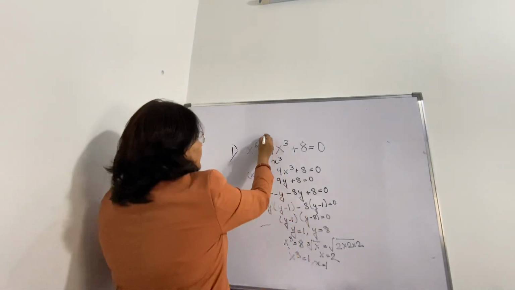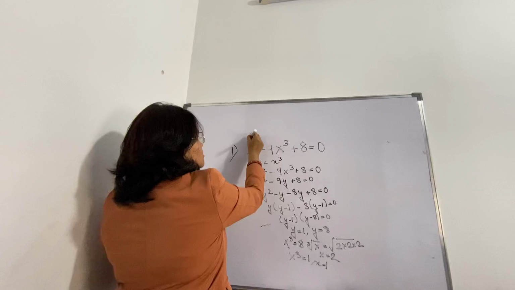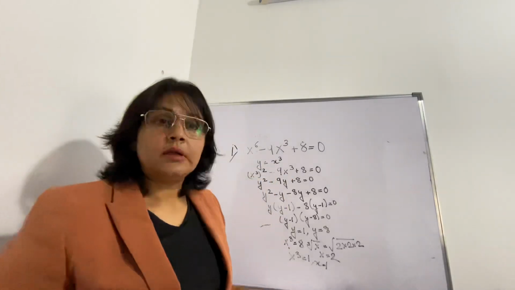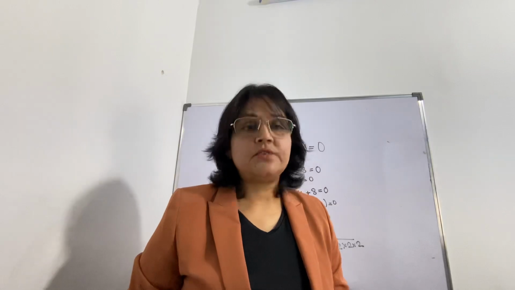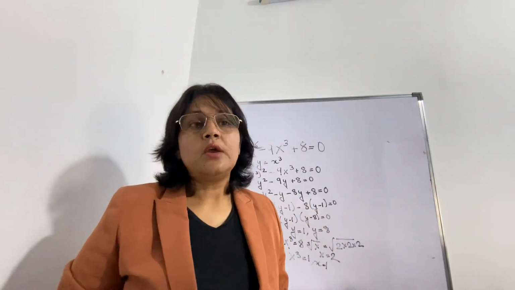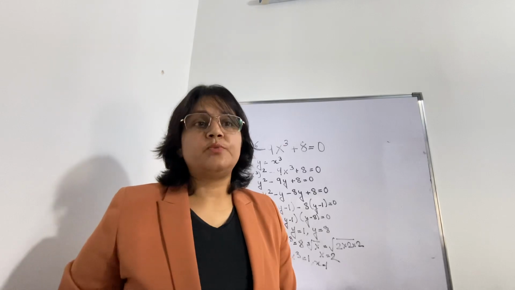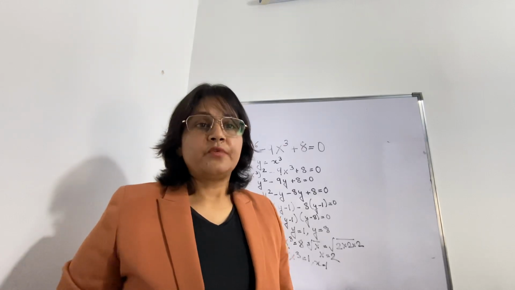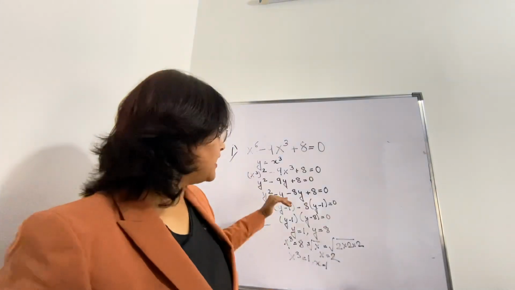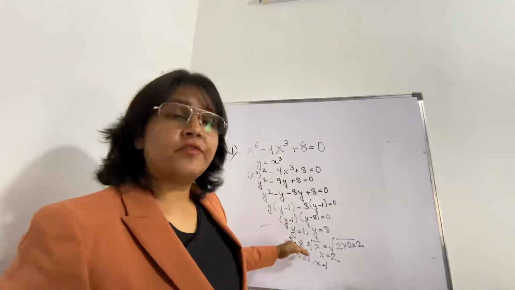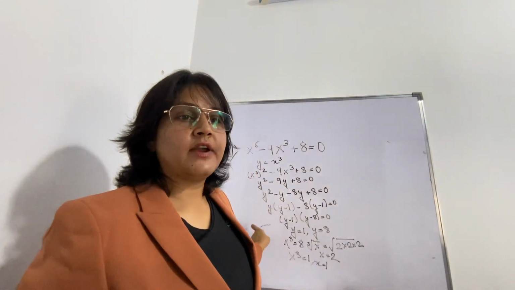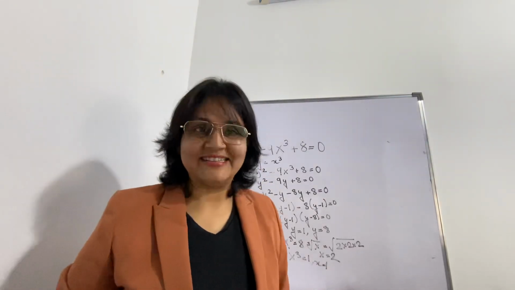Even if it is 8, then also we can think x to the power 4 is equal to y. We can do that. So solving the quadratic equation this way, you will not have any difficulty. The same method will follow even if x is raised to the power of 2, 3, 4, 6, 8, whatever. Once you are done and you have found the value of y, then try to find the value of x and you will get the result.